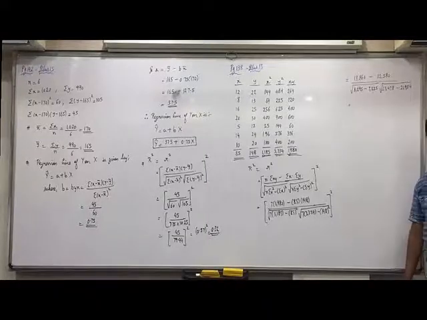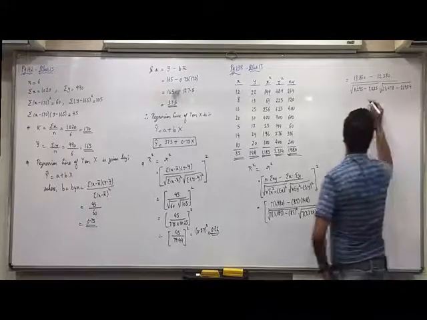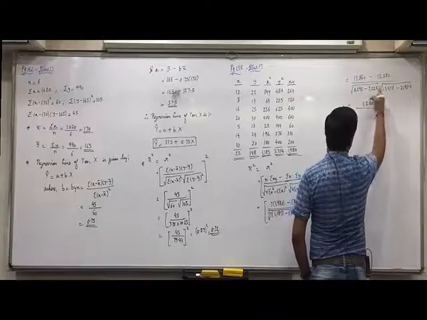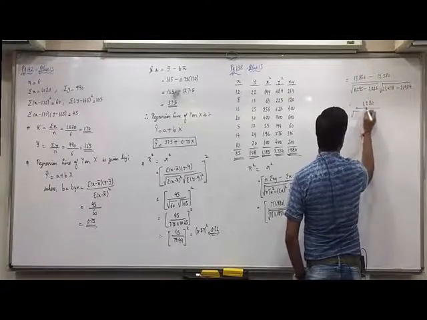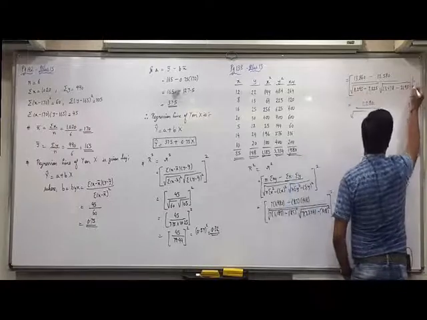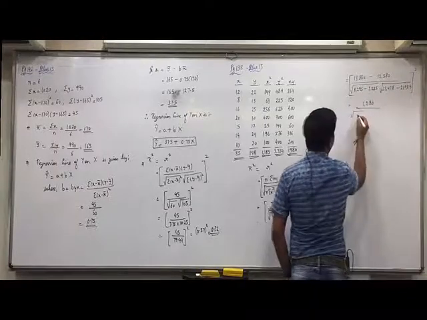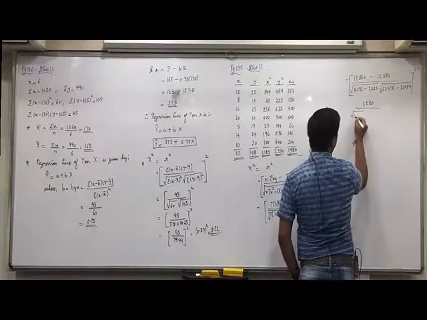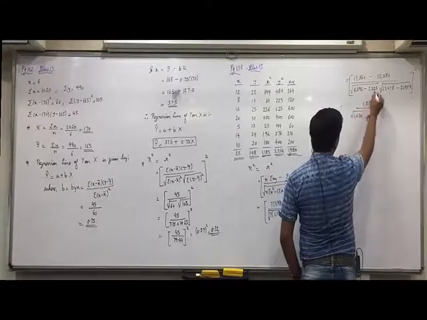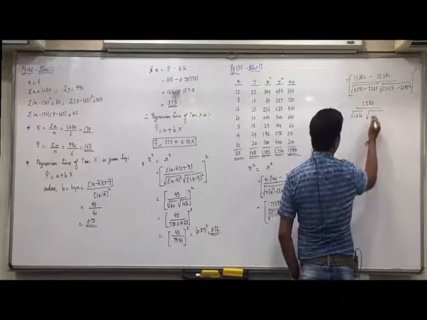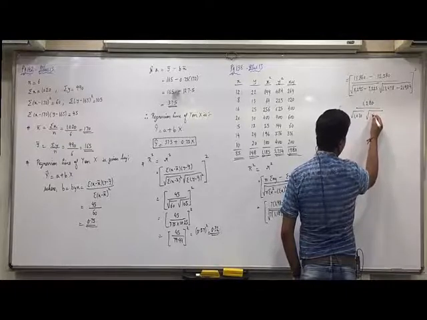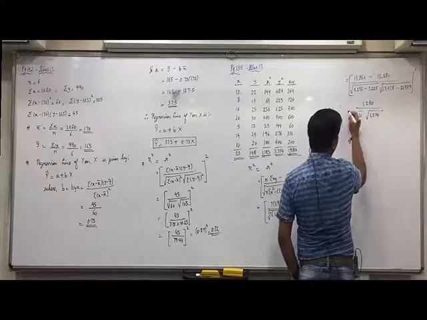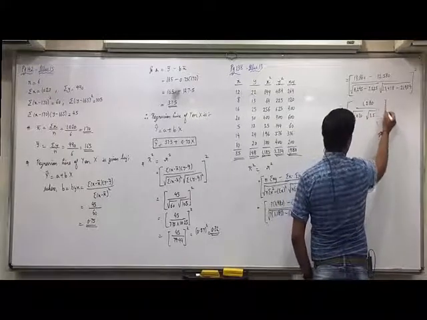So then 1280: 13860 minus 12580 is 1280. Okay, this is before the whole square. Square root of 8295 minus 7225 is 1070, and 23478 minus 21904 is 1574.